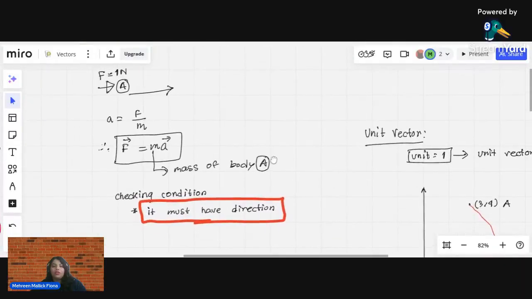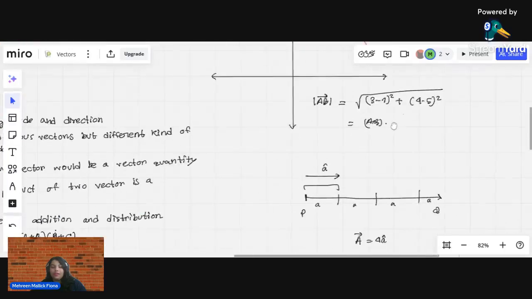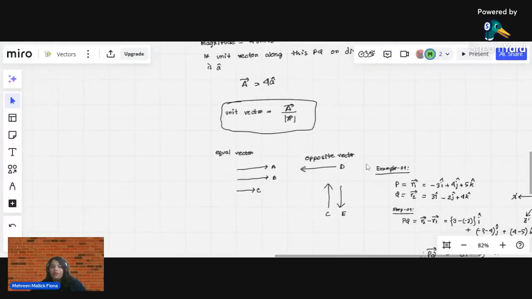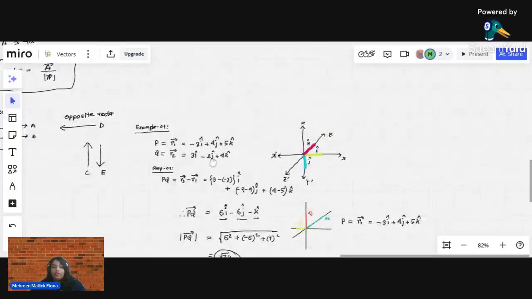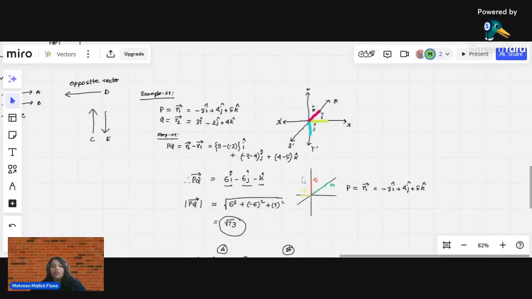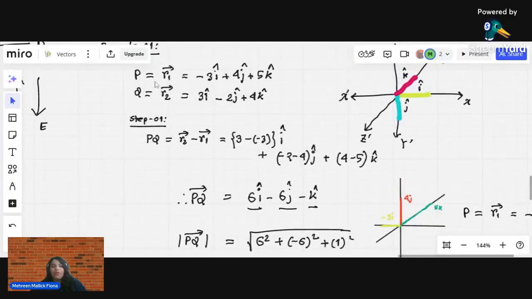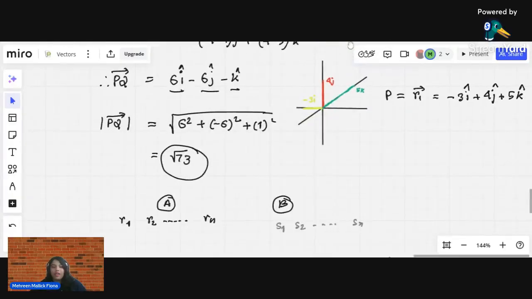I showed you some examples, but I will try to show you more examples in the very next day. And the vector representation of them in three axes x, y, z, and how we can conclude the magnitude, and how we can know its positional representation here also.